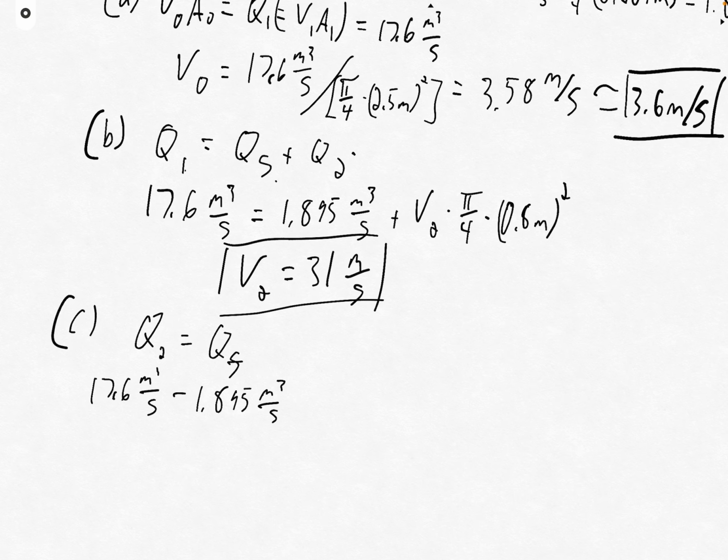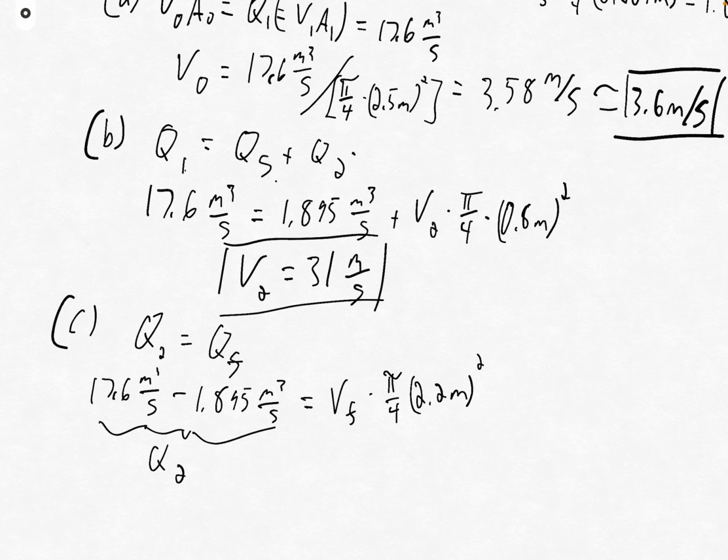Just noting here that if we put these two together, this is Q2, and this is going to be equal to our VF times, again, pi over 4 times the diameter, which I believe is 2.2 meters squared. And again, if we put this all together, then we're going to get our final answer.